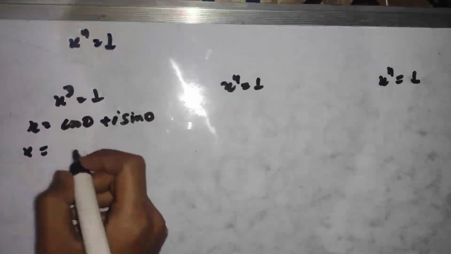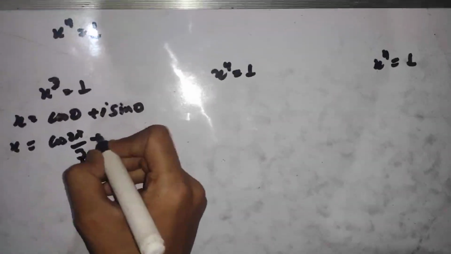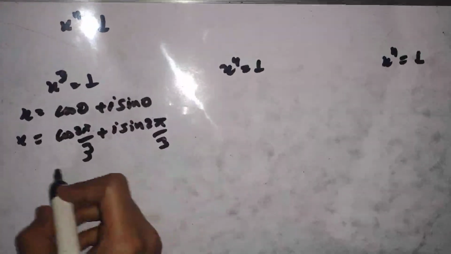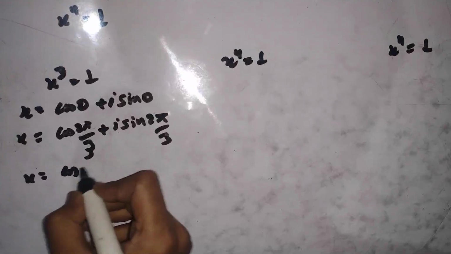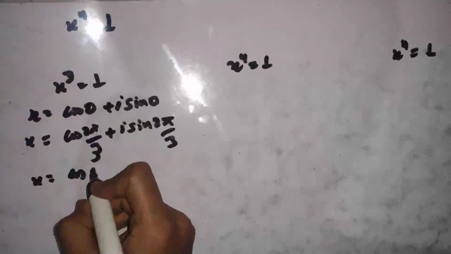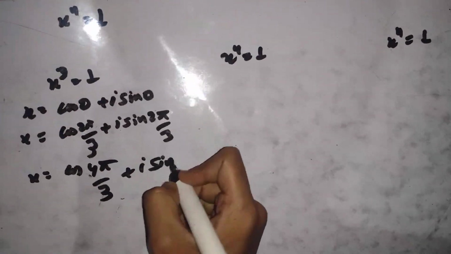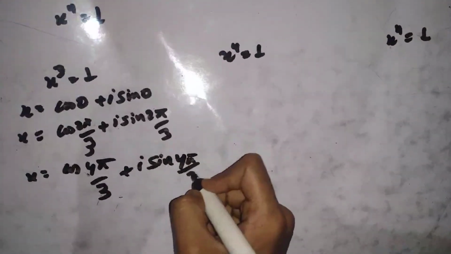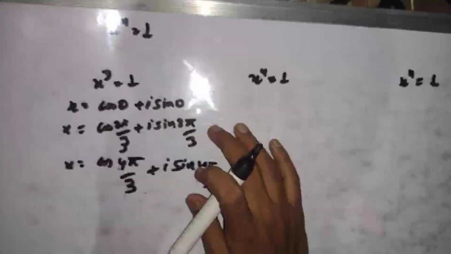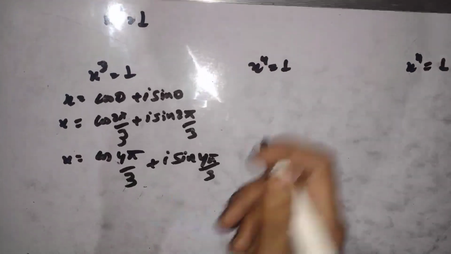Our second root was cos 2 pi by 3 plus iota sine 2 pi by 3. Our third root was cos 4 pi by 3 plus iota sine 4 pi by 3. So this was minus 1 by 2 plus iota root 3 by 2, and this was minus 1 by 2 minus iota root 3 by 2.